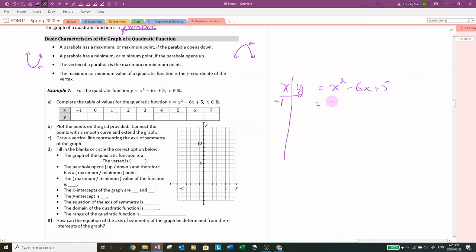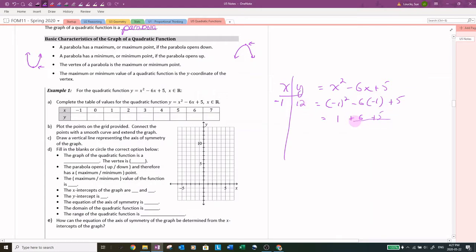So y is (-1)² - 6(-1) + 5. Remember you're squaring everything in the brackets, so it's -1 times -1, which is +1. And then -6 times -1 is +6. And plus 5. So this is 12.